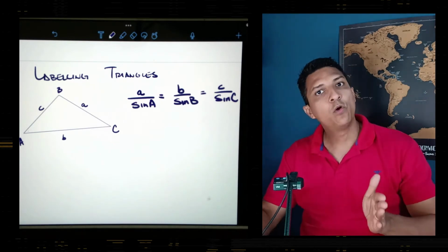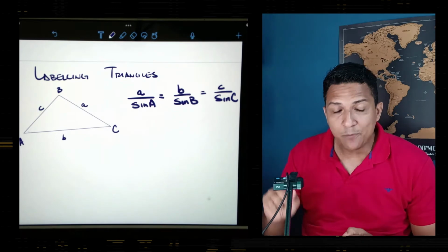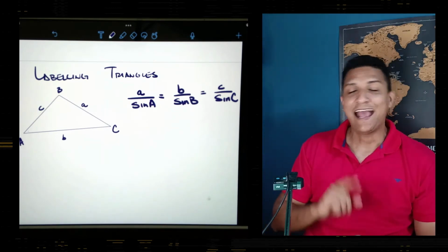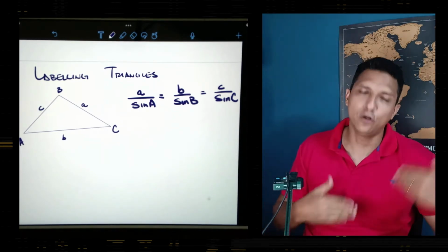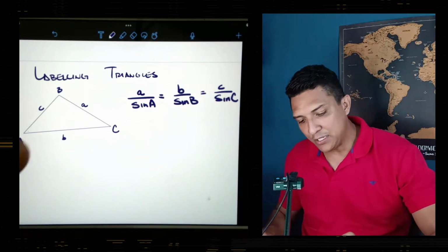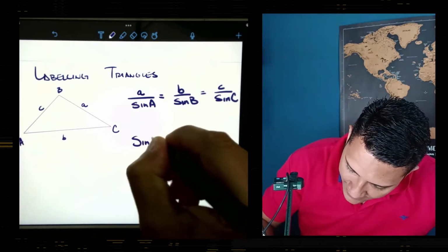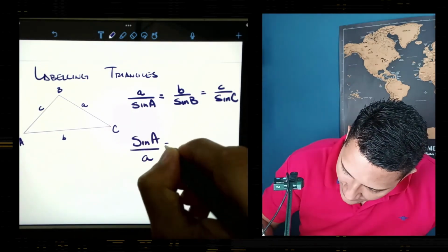This is what we call the law of sines. Remember, this is applicable to non-right triangles. And actually, let me tell you something: it applies also to right triangles. Now, it could be written like this, or also could be written in the opposite way, like this.